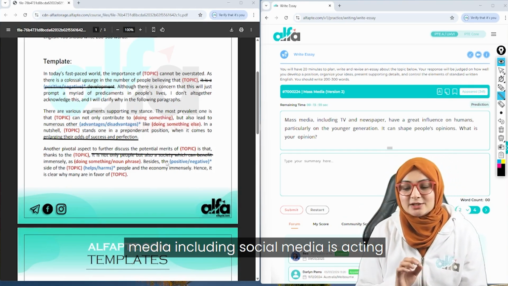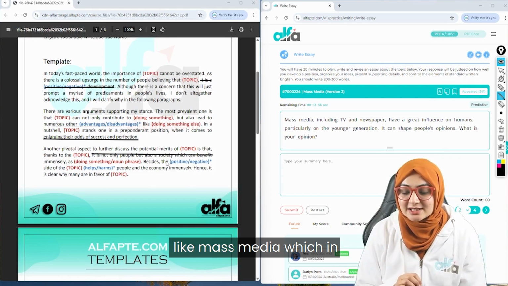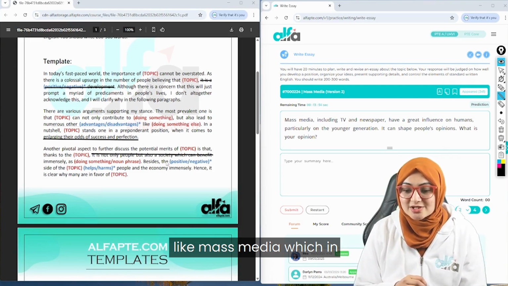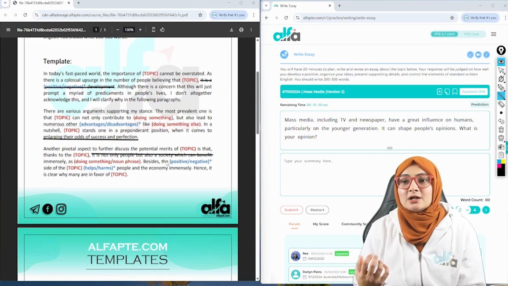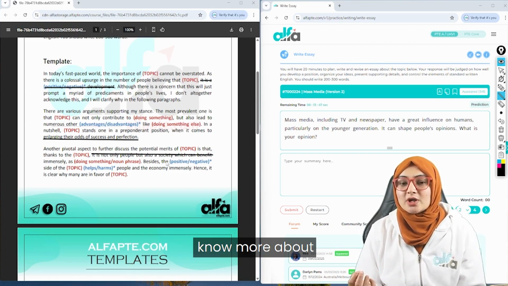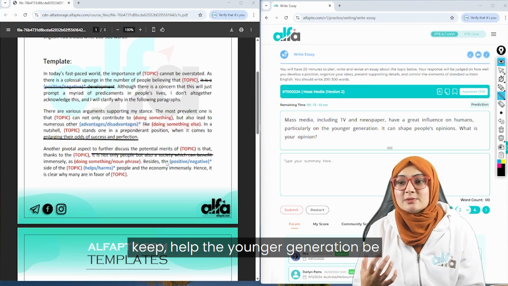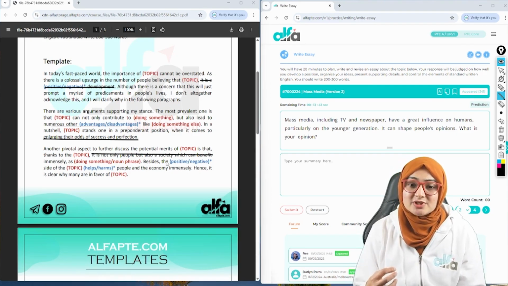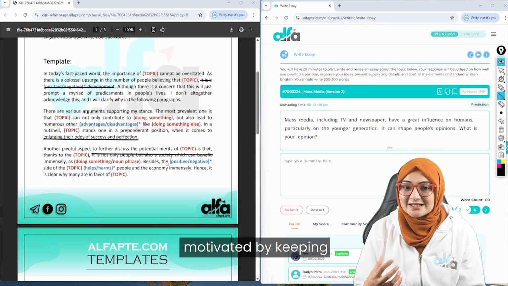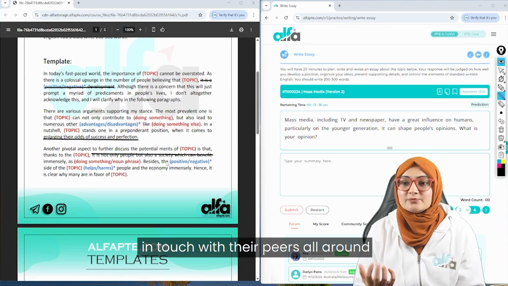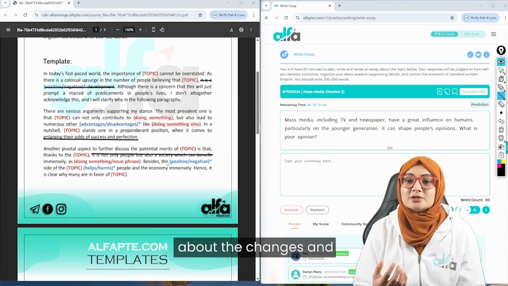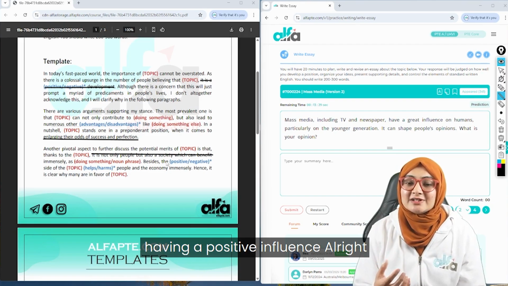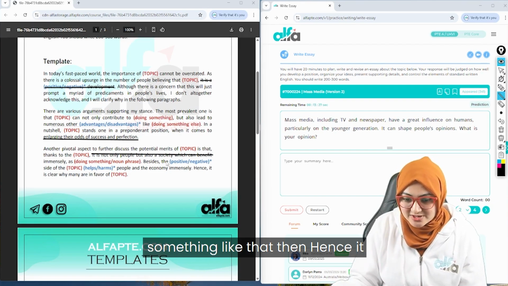Social media is acting like mass media, which in turn helps the younger generation be more influenced and motivated by keeping in touch with their peers all around the world and being informed about the changes and having a positive influence, something like that.